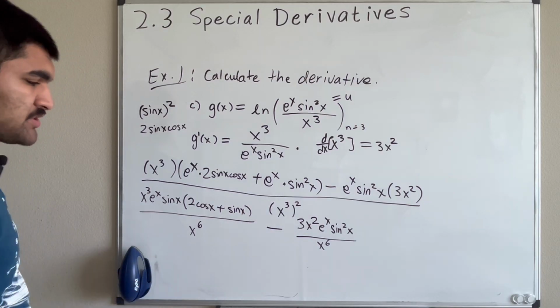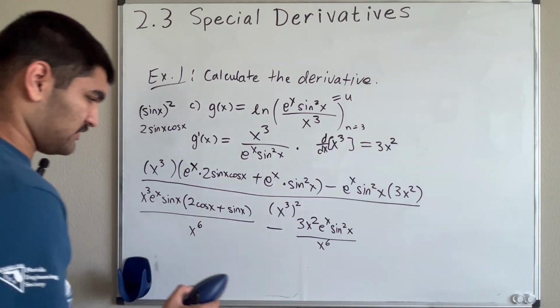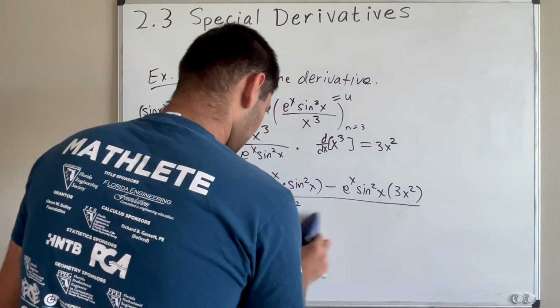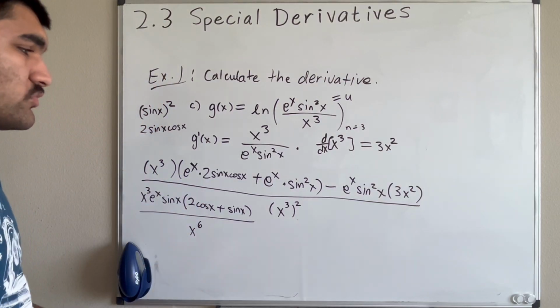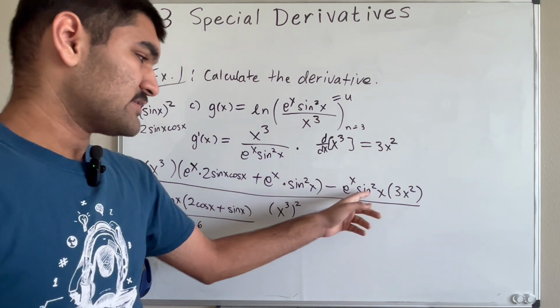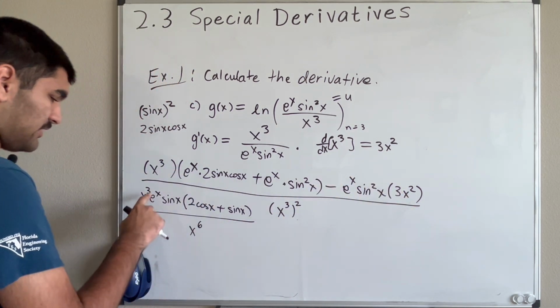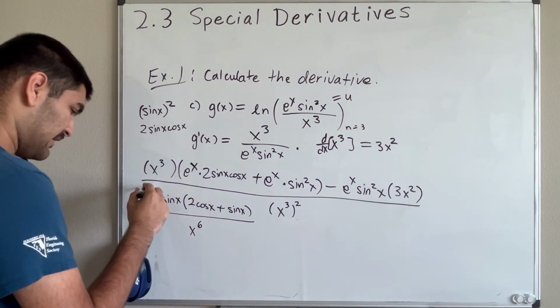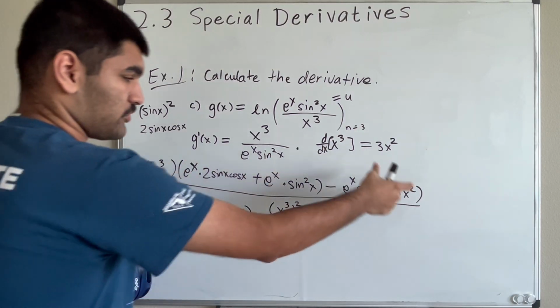Actually, what I'm going to do is combine these two fractions together, because I believe that will make it slightly easier. Notice I can still factor out an e to the x, a sine x, and an x squared. So all I really have to do now is redistribute back an x. So I have x squared e to the x sine x as a common factor for all three of these terms.